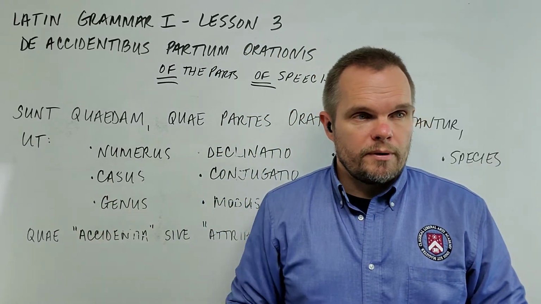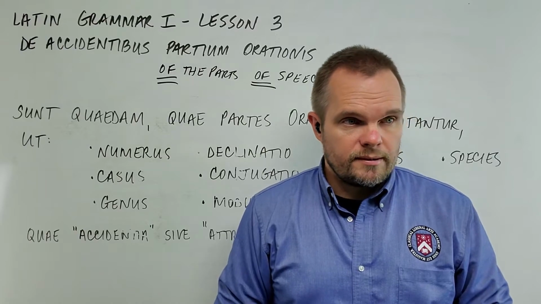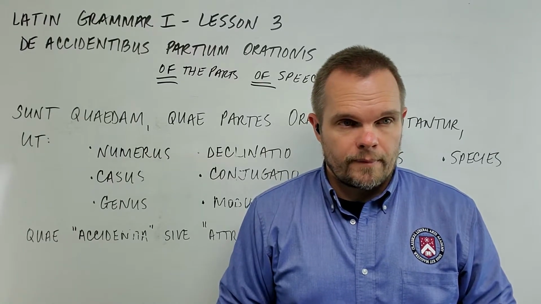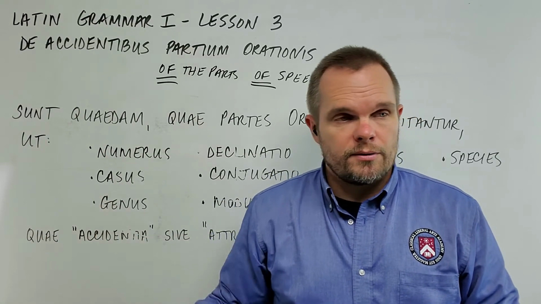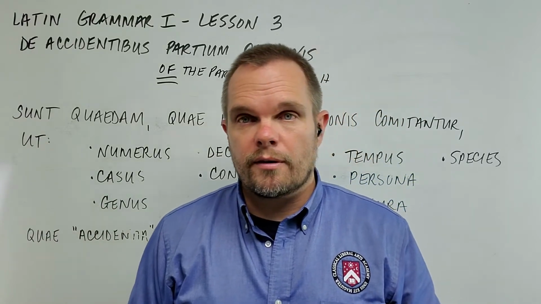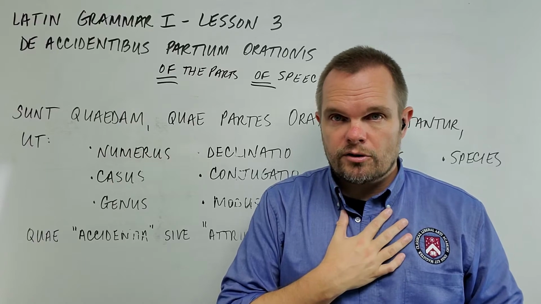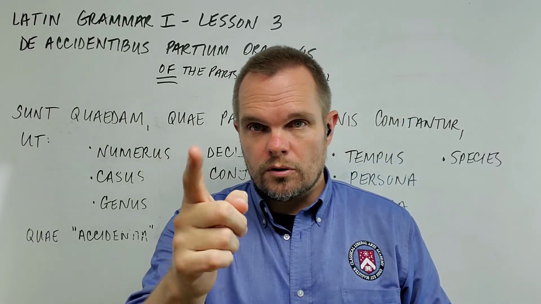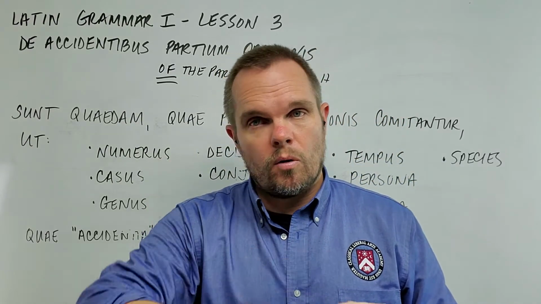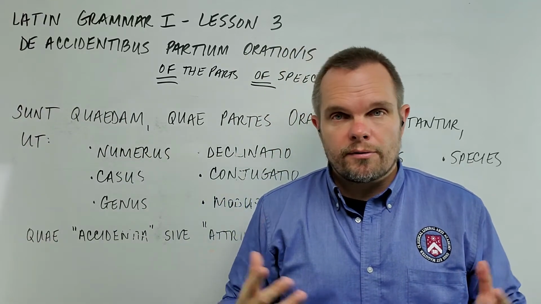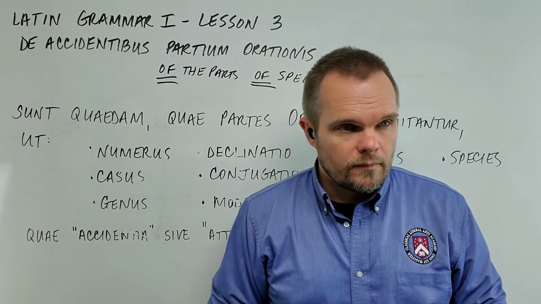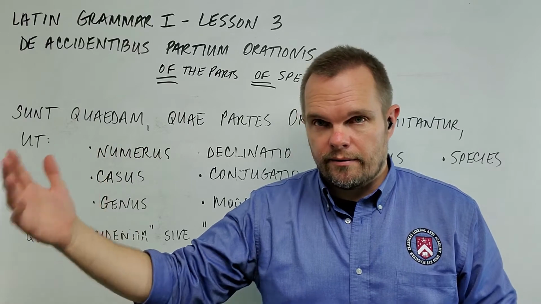Reliqua pronomina sunt tertiae personae. All other pronouns are of the third person. So ego, I, first person. Tu, you, second person. All other pronouns are third person. He, she, it, they, and so on.